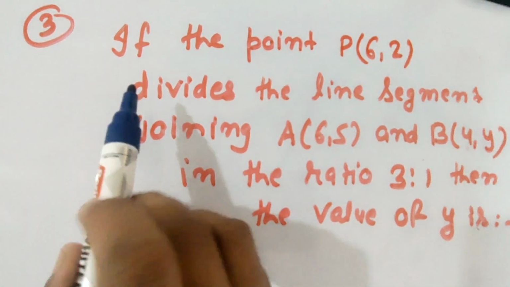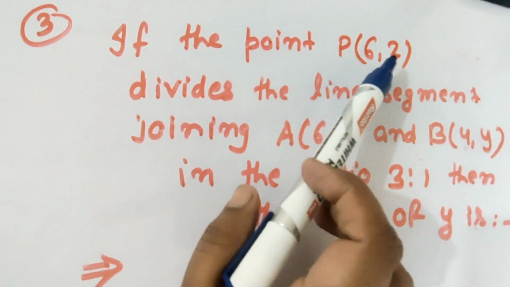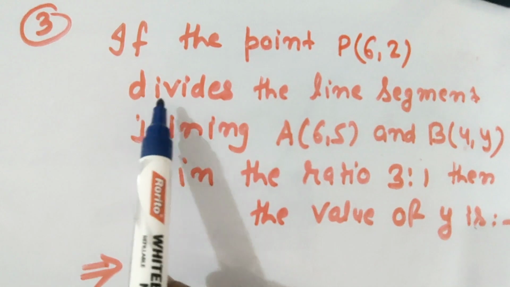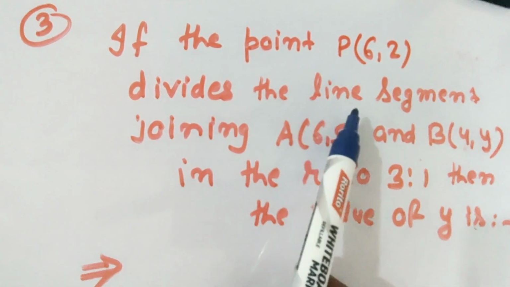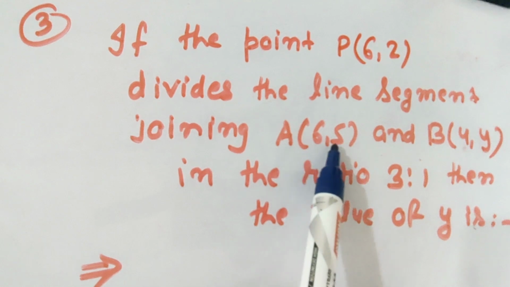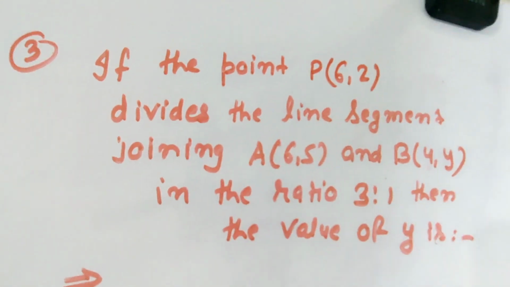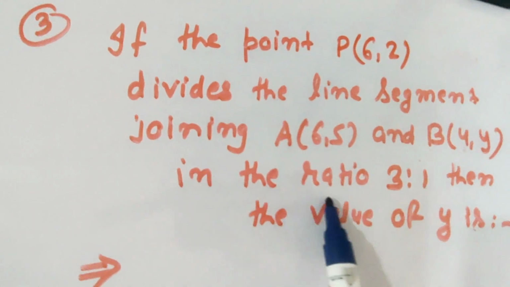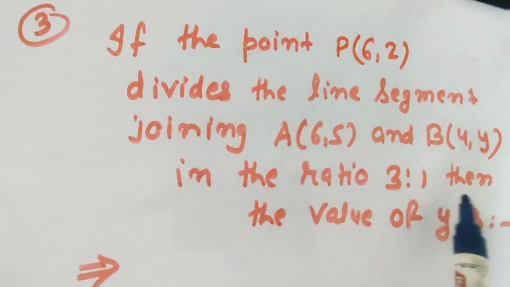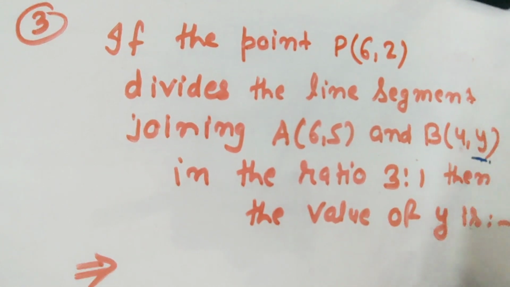Now this is the third question. Let me explain the question first. If the point P, 6 comma 2, divides the line segment joining A, point 6 comma 5, and B, coordinate 4 comma y, in the ratio 3:1, then find the value of y.